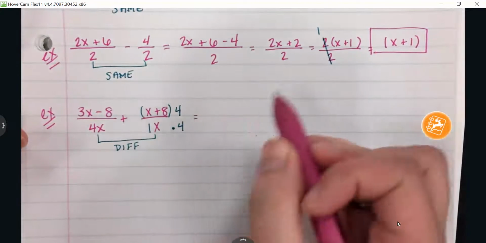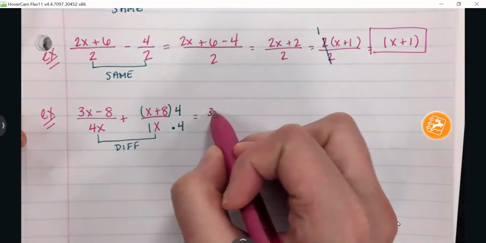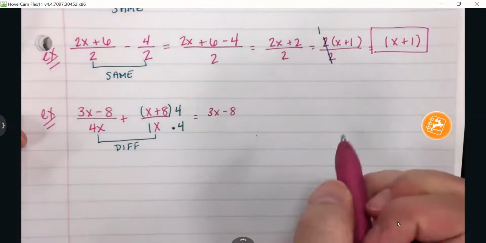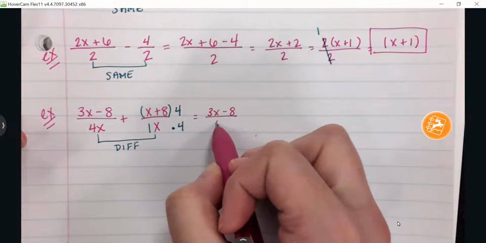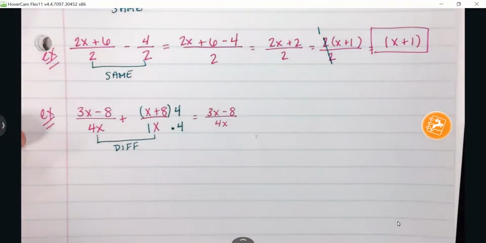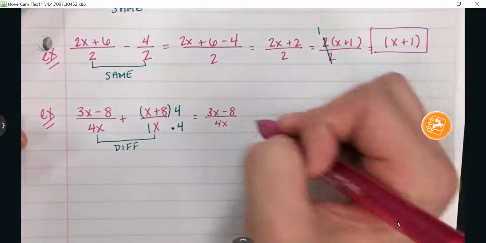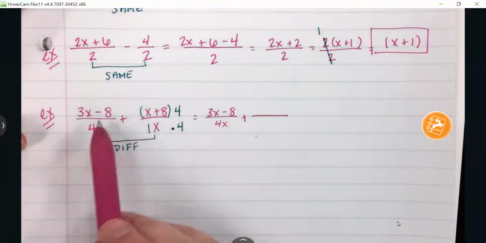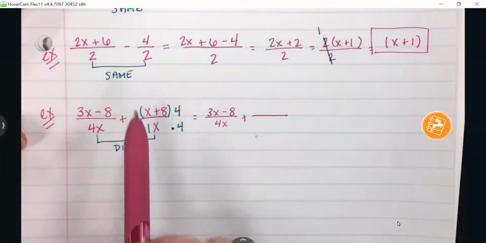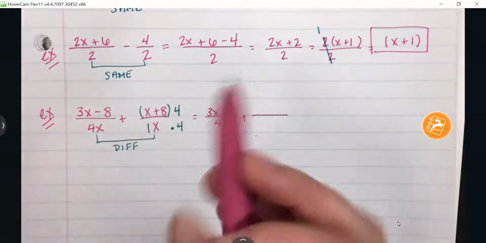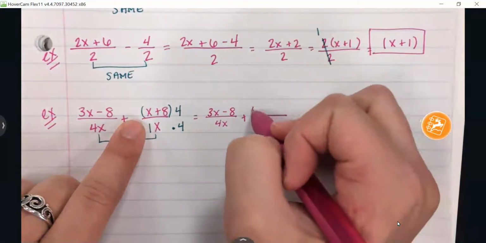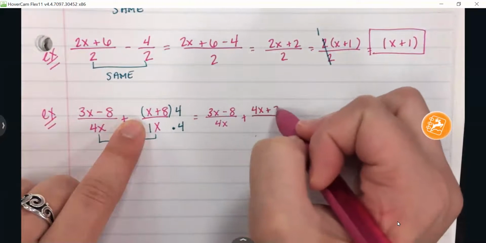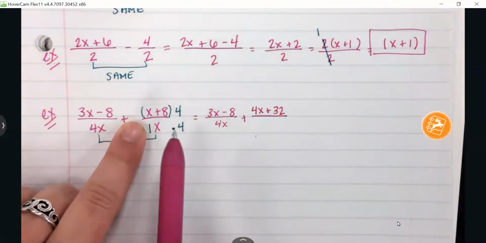So let's rewrite my problem. I have 3x minus 8 divided by 4x. That one's not changing. Plus, if I multiply my numerator by 4, what am I going to have? 4x plus what? Plus 32.